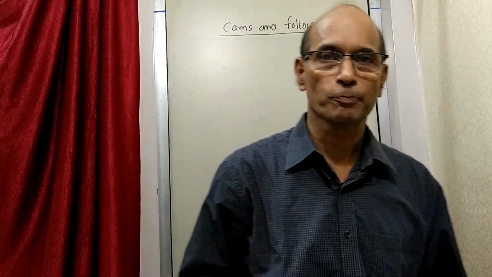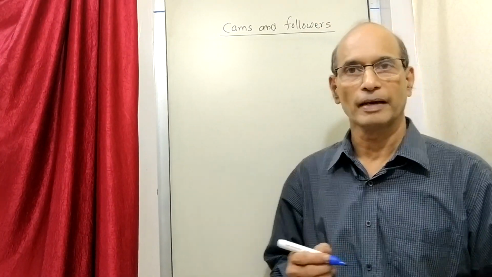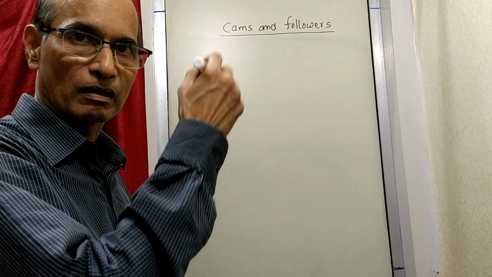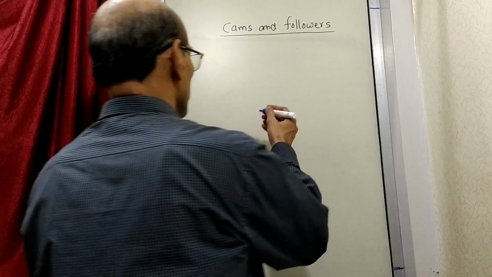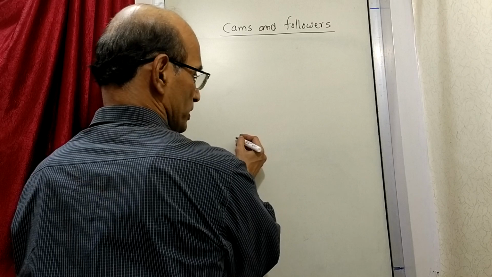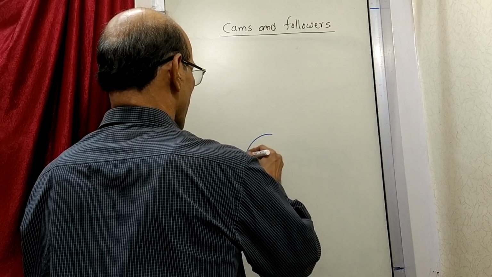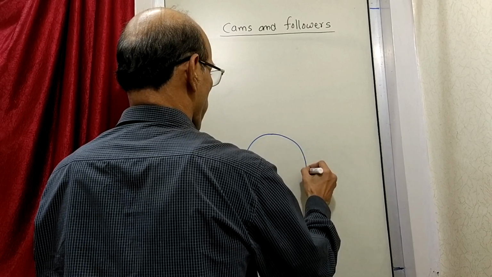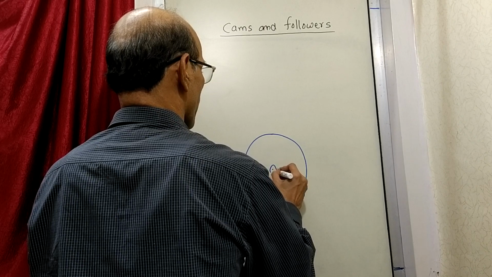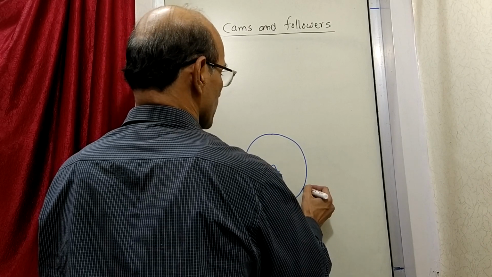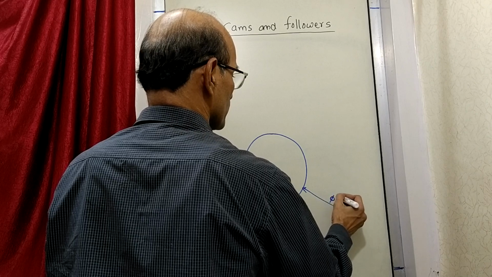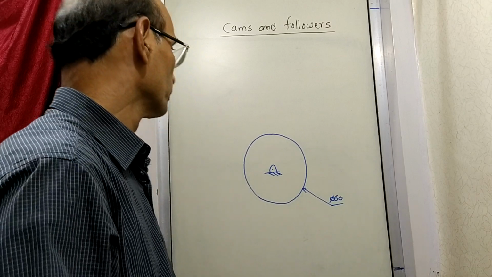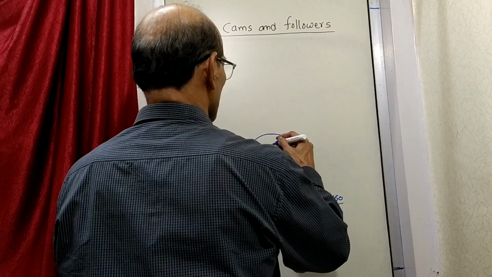Now look at how this procedure is carried out for drawing the cam profile. The data is already with us. The data says that there is a base circle size of 60 mm. So we start with the base circle. Somewhere here I will draw the base circle as per the given size. We have drawn a circle of diameter 60 mm. This is the base circle. Then we are going to show the follower.